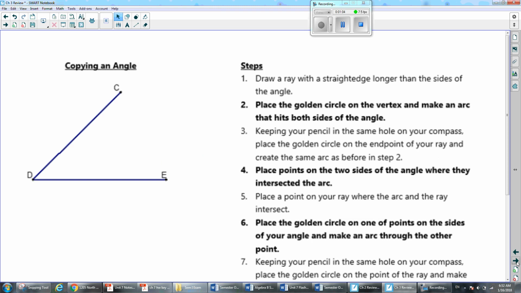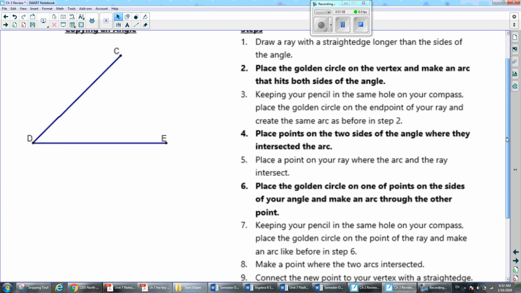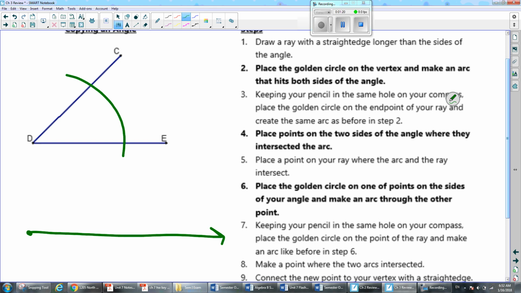Okay, if you're copying an angle, you're going to draw a ray with sides longer than the sides of the angle. Place your golden circle on point D, make an arc that touches both sides. Doesn't have to go through the endpoints. Make that same arc on your angle below. Okay, that creates 2 new points on your original angle; on the new one, you only have 1 point.